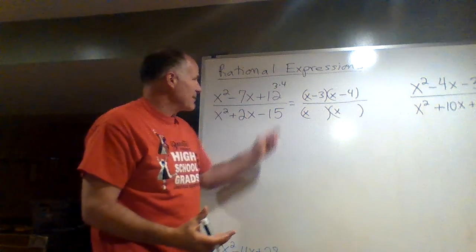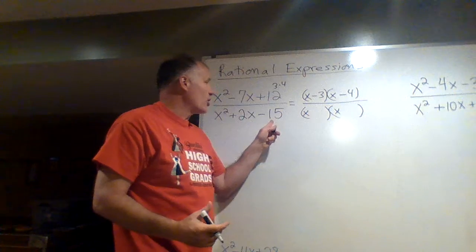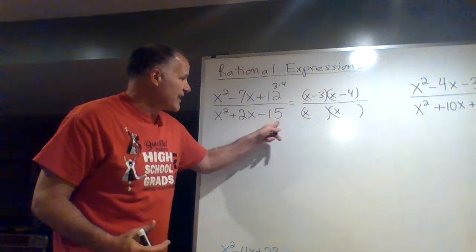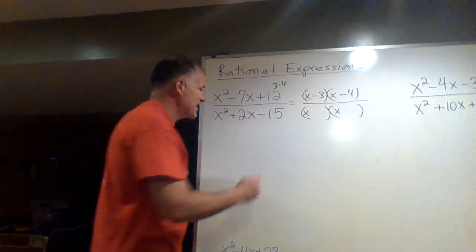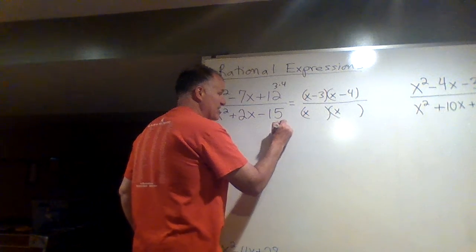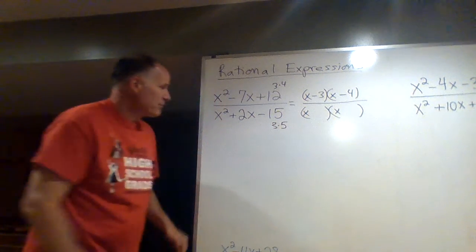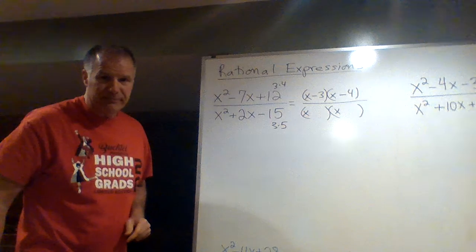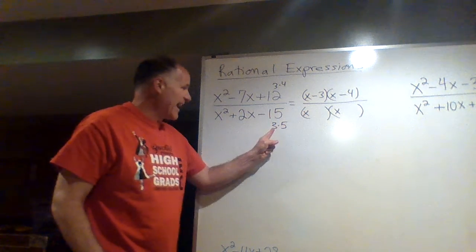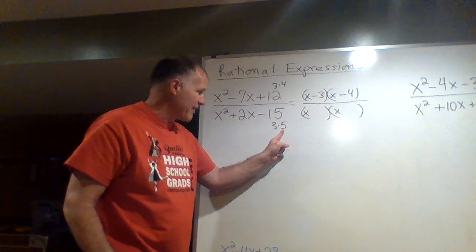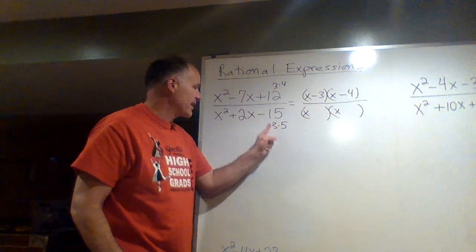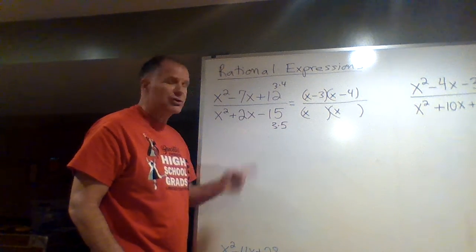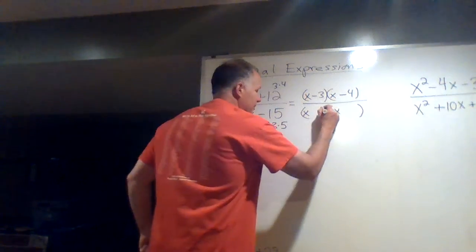Now again, because we've got a 3 and a 4, we know that we're either going to need a 3 or a 4 down here. Now 4 doesn't go into 15, but we know 3 does, and it's 3 times 5. 3 times 5 makes 15, and 3 taken away from 5 makes 2, because remember, the third term's negative. So we know it is 3 and 5.